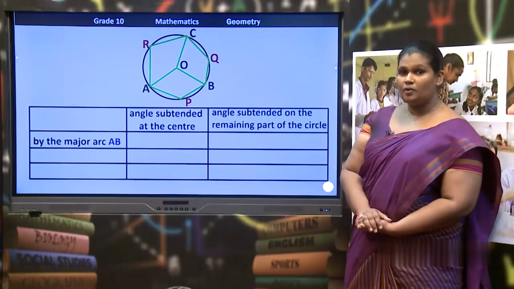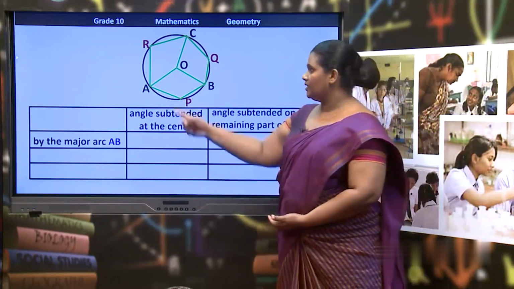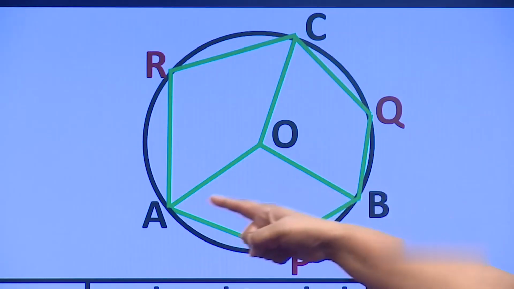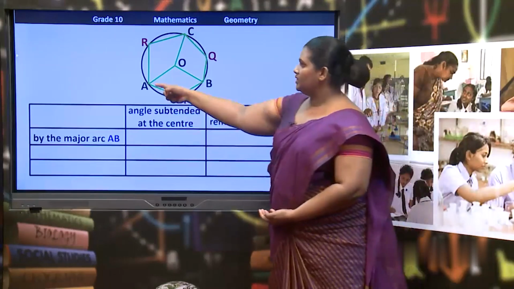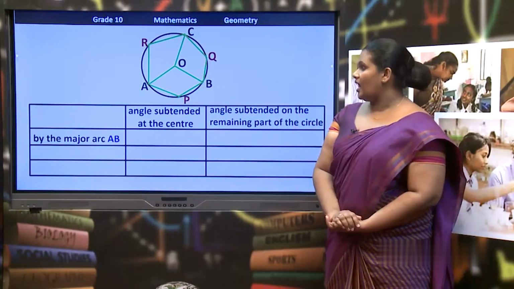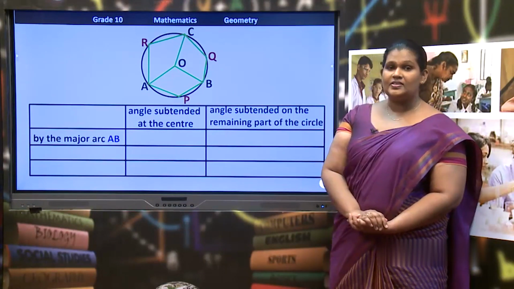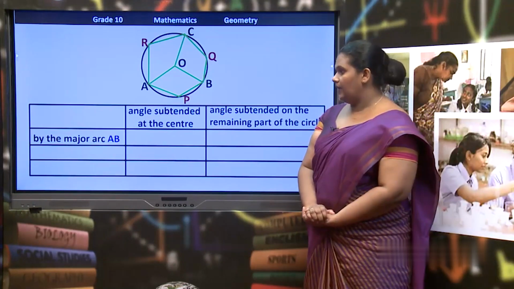Right. We can observe two arcs when we consider about AB, that is APB and ARCQB. Right. Major arc should be the greater one. Therefore, this can be taken as the major arc. That means ARCQB is the major arc of this AB.